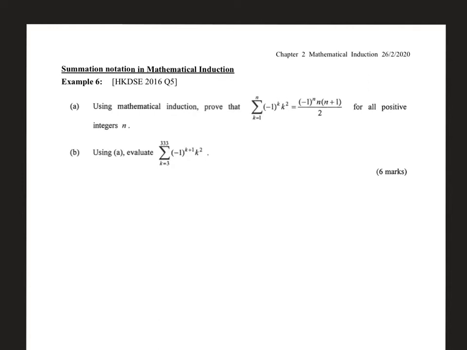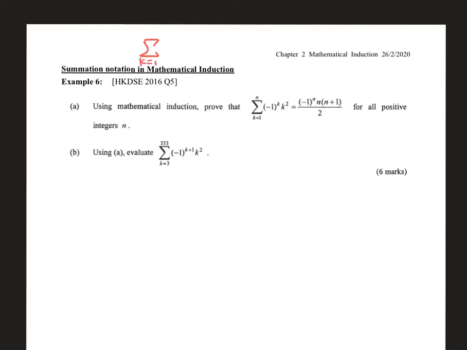The last part of MI will be questions including the summation symbol, where you can see it's a very terrible symbol here. It is an abbreviation of summation sign, so let's take a very quick review of what it means.